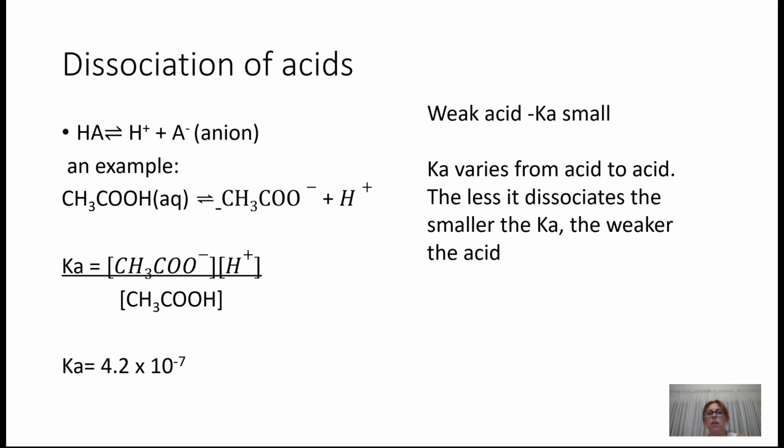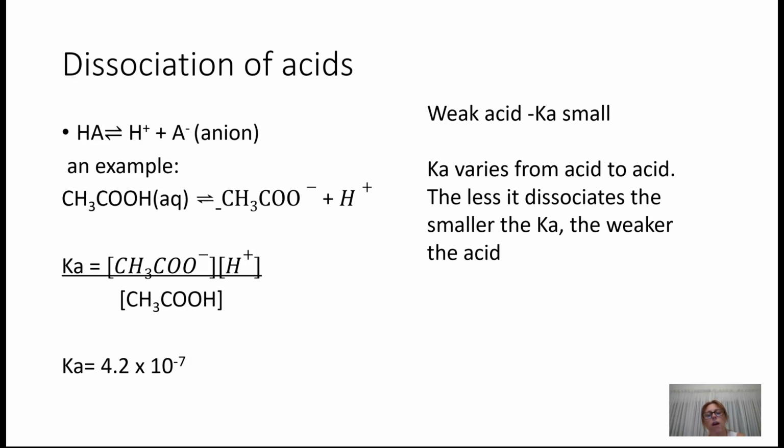If I was to write that as the equilibrium constant, and because it's an acid, we call it Ka, you'll see that the process is the same. CH3COO- concentration times the concentration of the hydrogen ions over the initial acid that had dissociated.